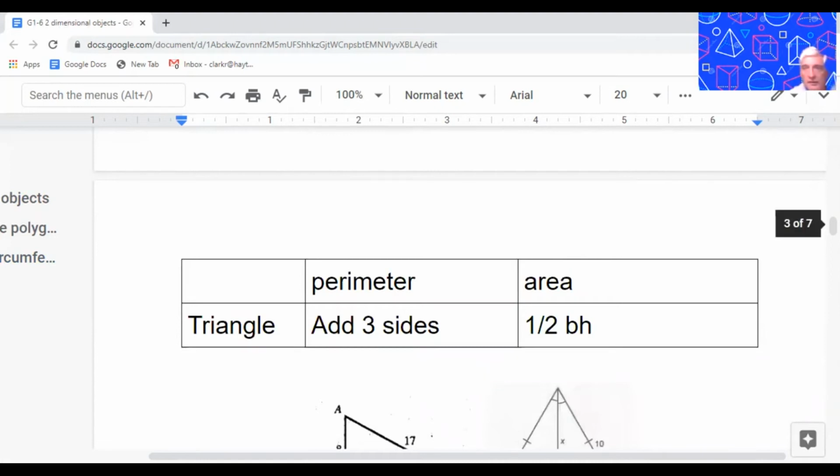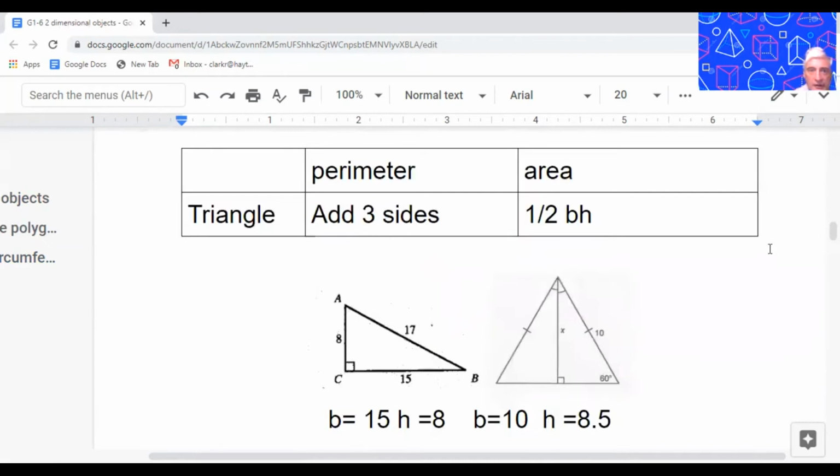Now, the area of a triangle is half a rectangle. So instead of length times width, you get base times height. The perimeter of a triangle, there's no formula, but you have 3 sides on a triangle, so you would add them. Here I would add 8 and 17 and 15.